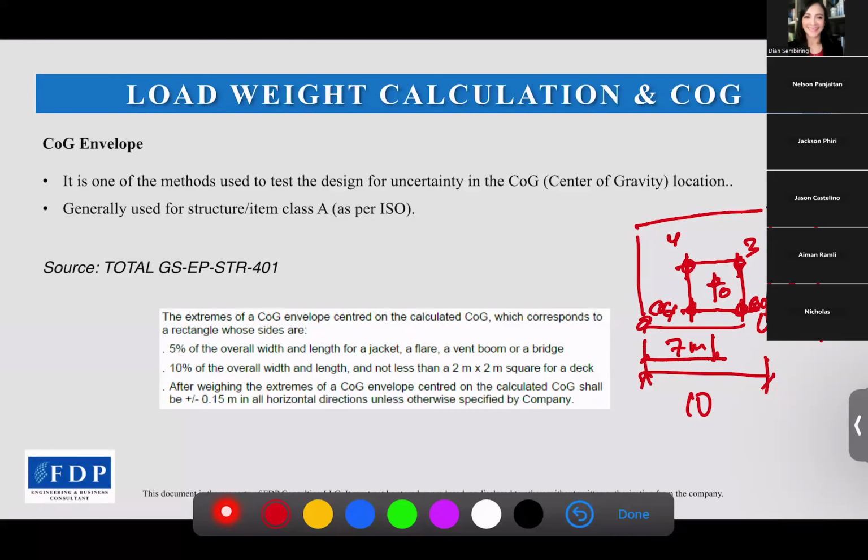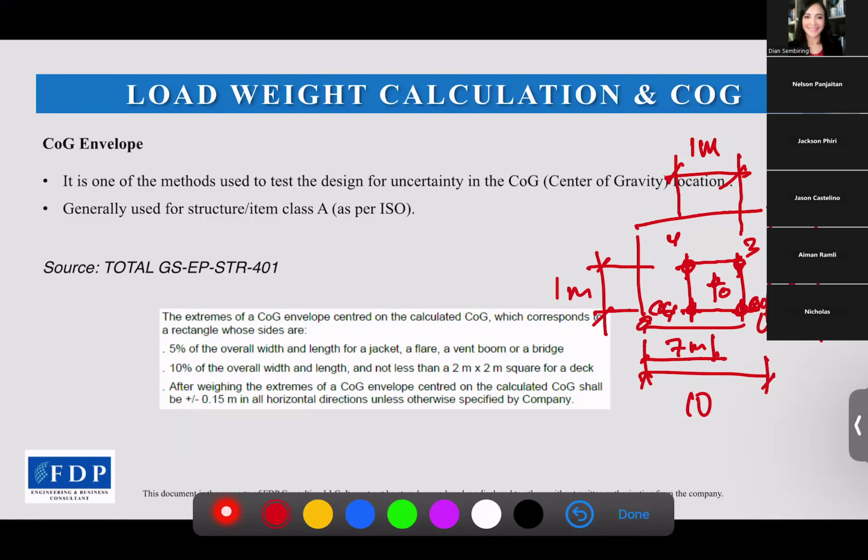As per the total GS, it is saying that if it's a square for a deck, it will be 10% of the overall width and length. So it will be 10% of 10 meters. It will be 1 meter. And this original COG will be at the center of the envelope itself.